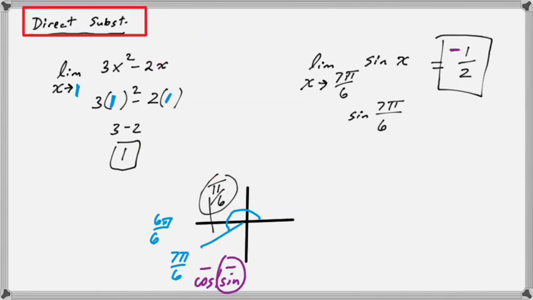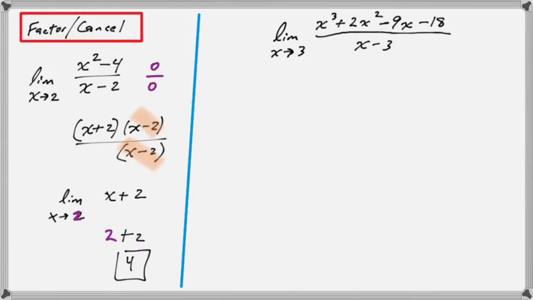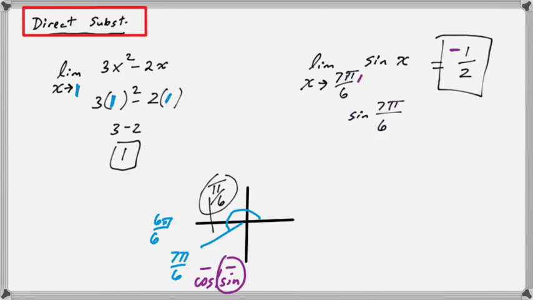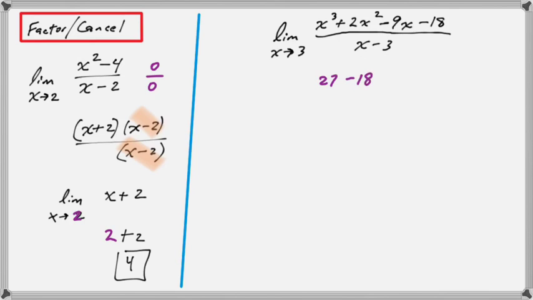If you put in a 3, 3 to the third is 27. 3 squared is 9 times 2 is 18. Put in a 3 here, 9 times 3, 27. I believe it gives me a 0, and if I put a 3 in on the bottom, I think I also get a 0, don't I? So it's 0 over 0.